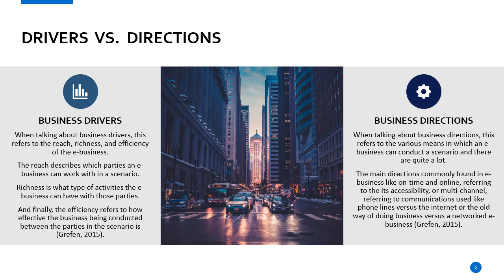Then there's the multi-channel, which refers to the communications used, perhaps in the old-school version of business, with fax machines, phone, even snail mail, mixed in with today's technological methods of communication, such as email or instant messaging.